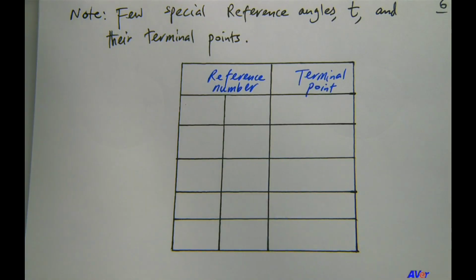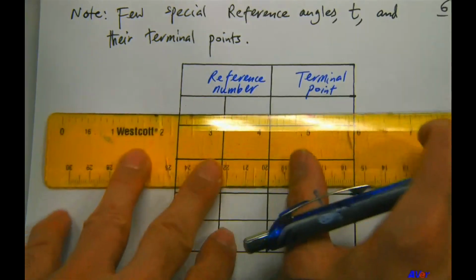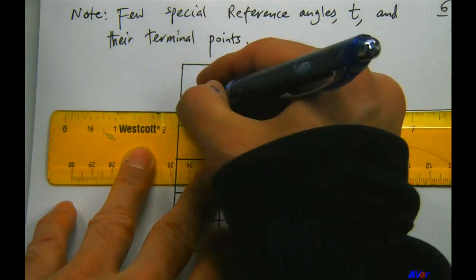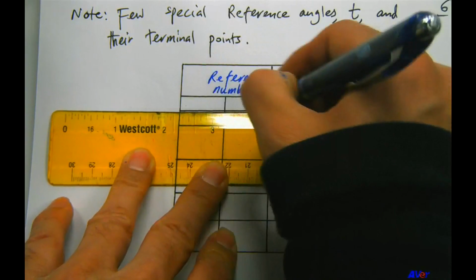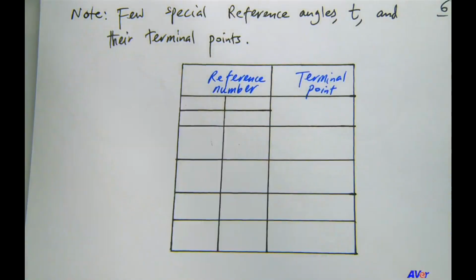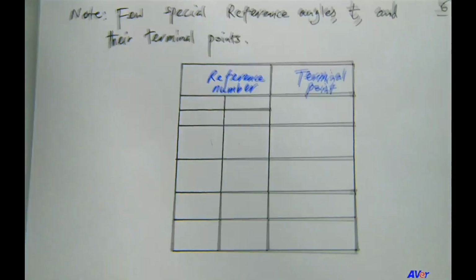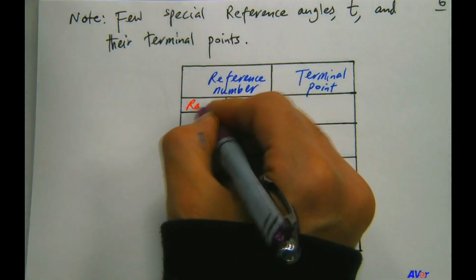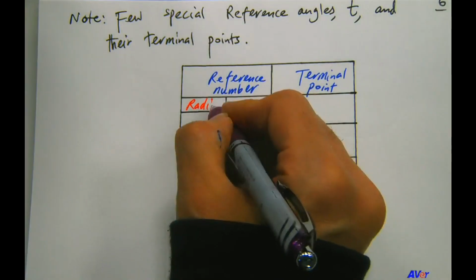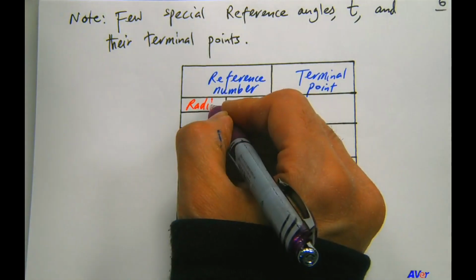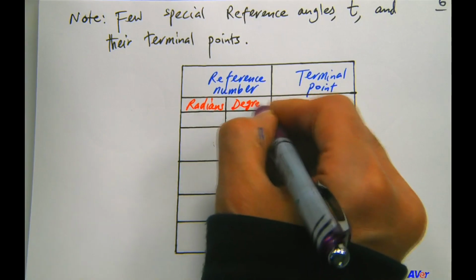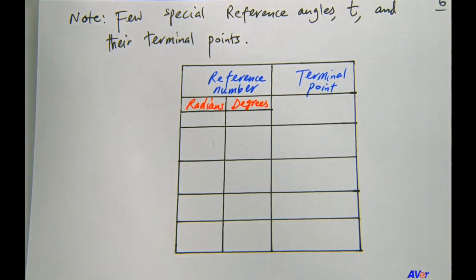So let me split this right here. Okay, that's better, I think. So this would be, we want to show the reference angles or reference numbers in both radians and degrees. So this would be in radians, and then this would be in degrees, like that.